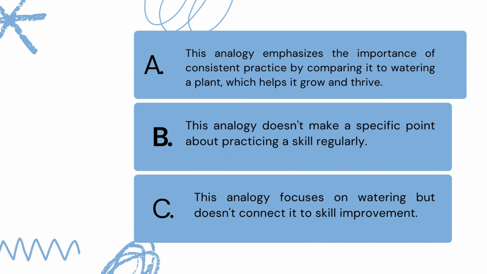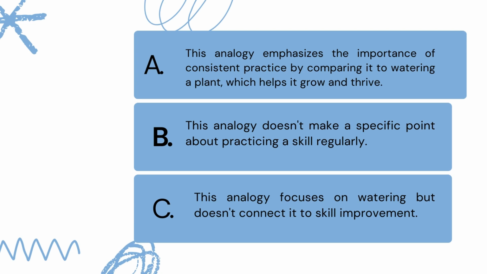A. This analogy emphasizes the importance of consistent practice by comparing it to watering a plant, which helps it grow and thrive. B. This analogy doesn't make a specific point about practicing a skill regularly.